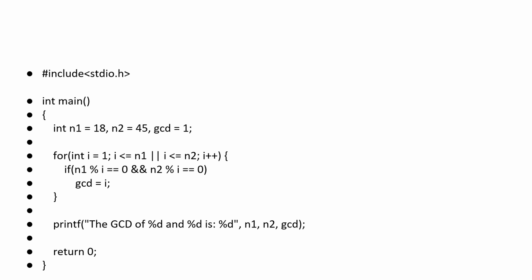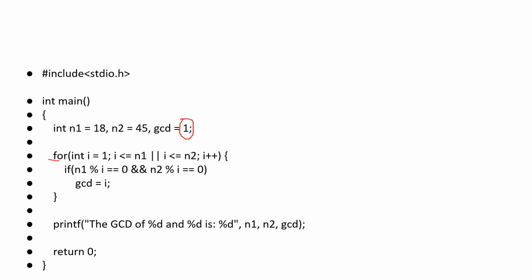Because 1 is a common factor for all numbers. For example, if we find the GCD of 3 and 4, there is no common divisor other than 1, so it returns 1 as the greatest common divisor. For that purpose, we initialize the GCD to 1.